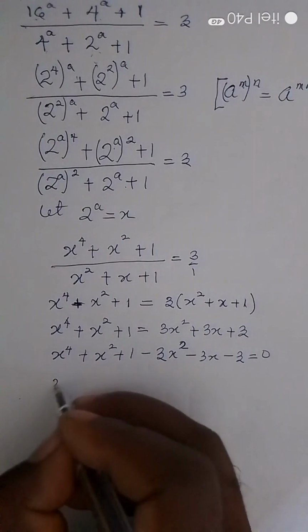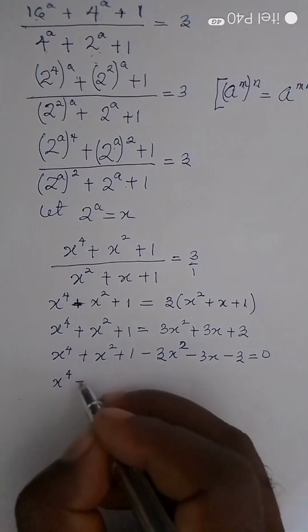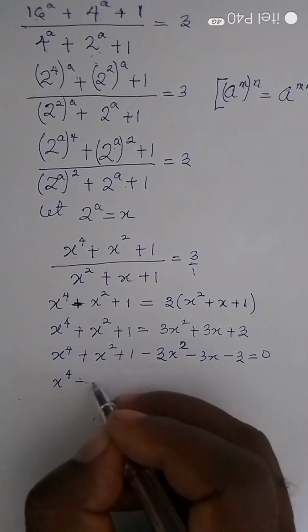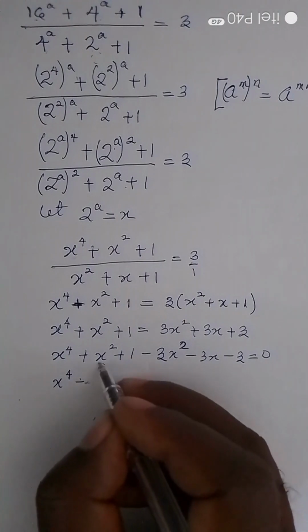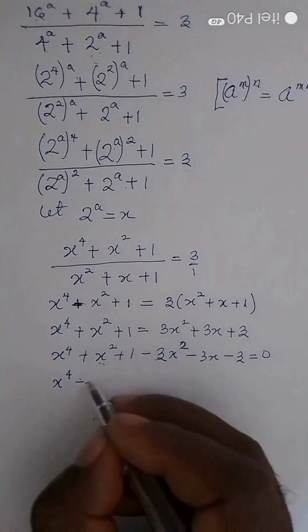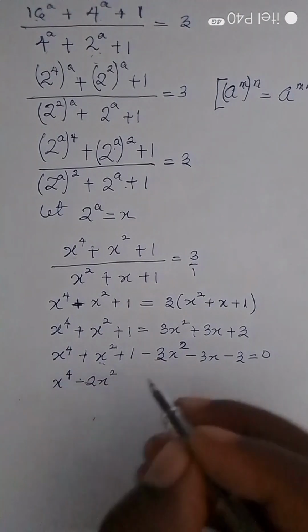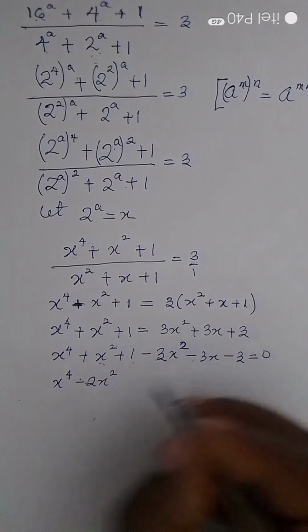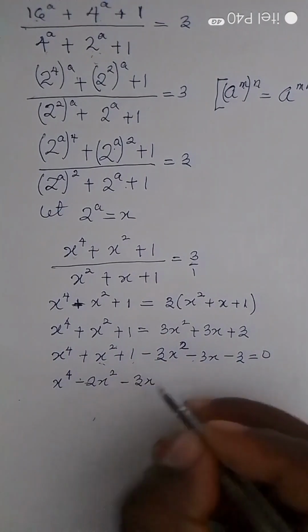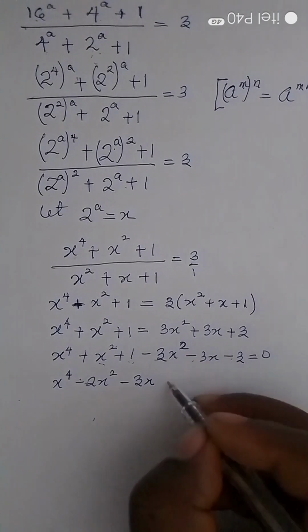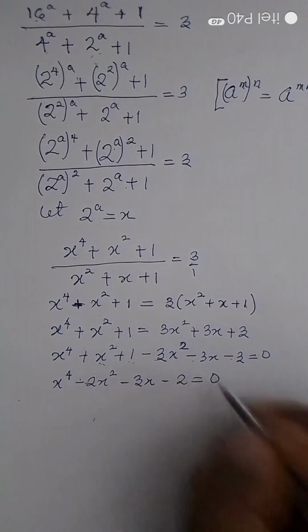So x to the power of 4 plus, x squared minus 3x squared will give us minus 2x squared. So we have minus 3x. Then of course 1 minus 3 will give us minus 2, all equal to 0.